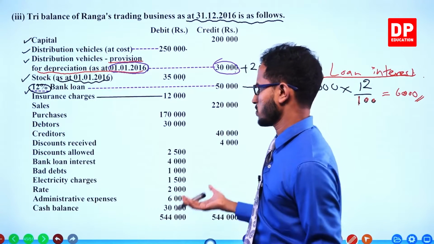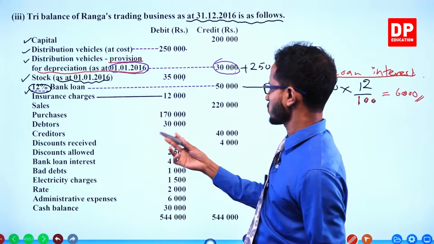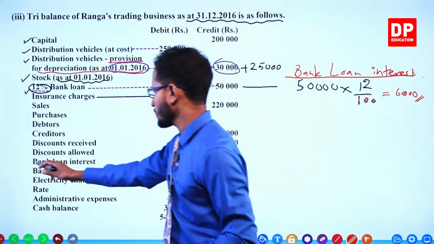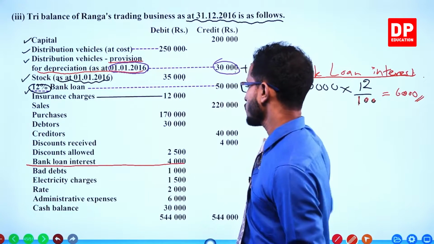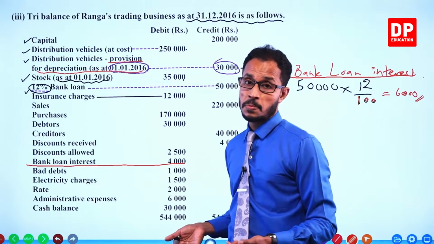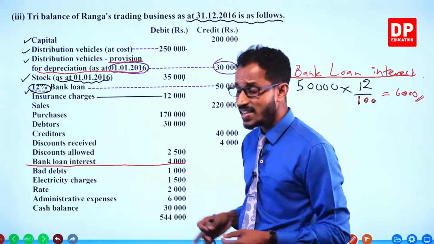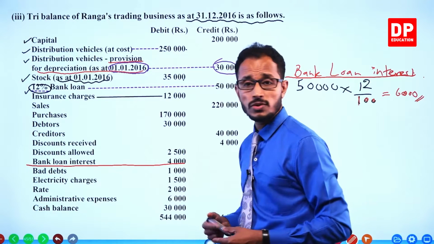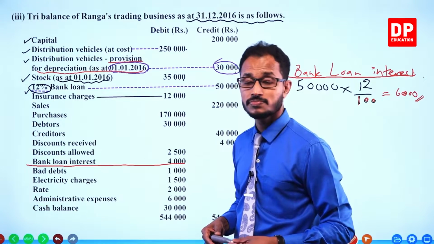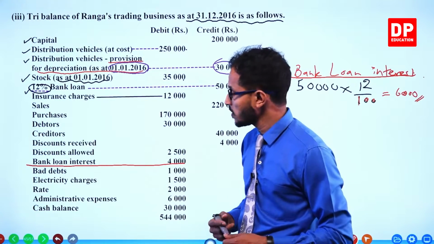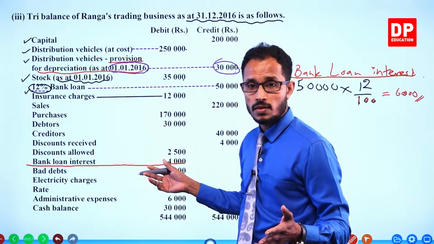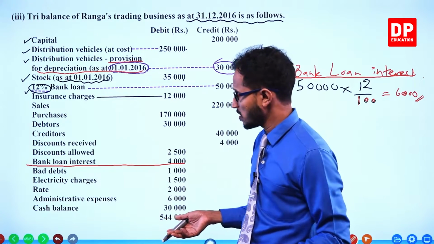Where? Oh, here. It's 4,000. This is a hidden adjustment. We have discussed about this earlier. Oh, yeah. We have.